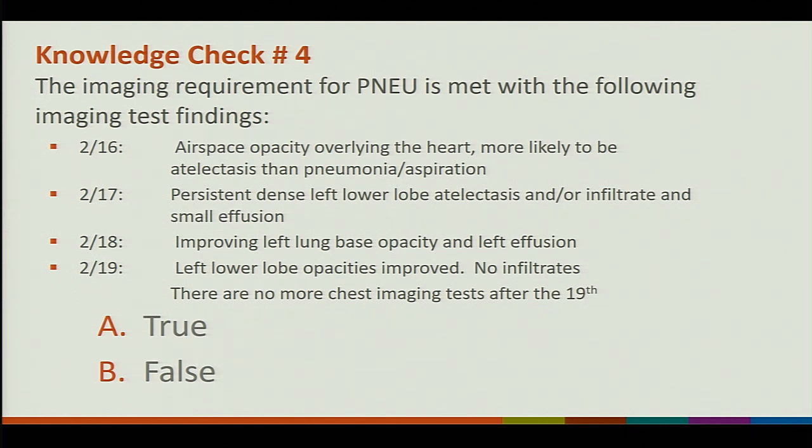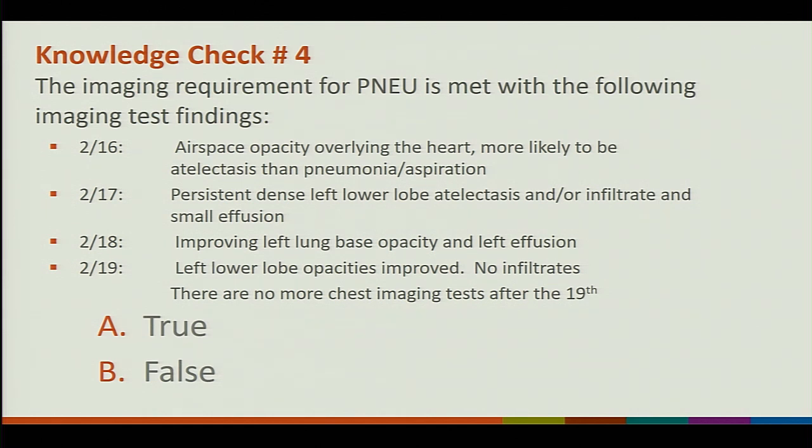The imaging requirement for pneumonia is met with the following imaging test results. On the 16th, and this, by the way, came directly from a question from a user, airspace opacity overlying the heart, more likely to be atelectasis than pneumonia. 17th, another imaging test: persistent dense left lower lobe atelectasis and/or infiltrate and small effusion.